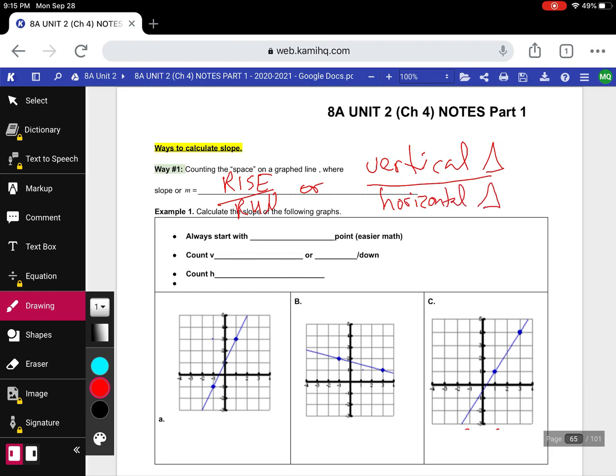Calculate the slopes of the following graphs. Remember, you always start with the leftmost point. It's easier math. You're going to count your vertical change, or your up and down, and then you're going to count your horizontal change.